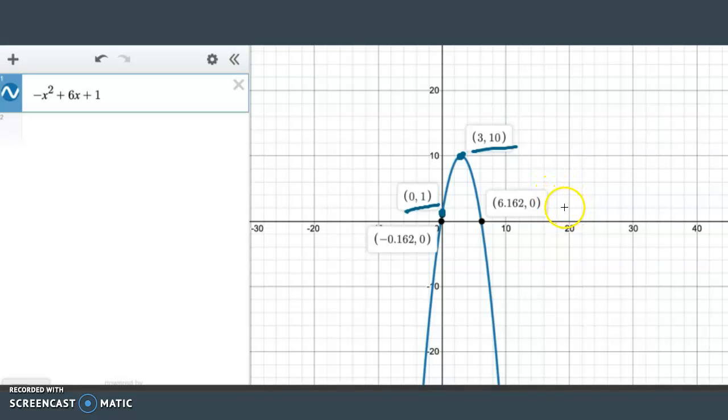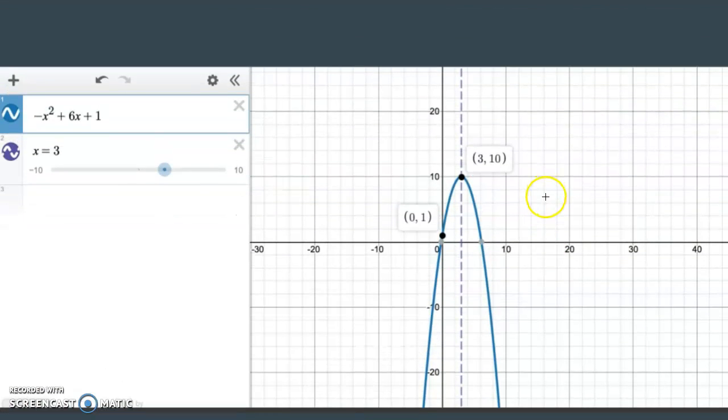Okay, so let's see what else we can talk about. We haven't really talked about the symmetry of a parabola yet, but the truth is, parabolas are symmetric. They're U-shapes. So there is an invisible line that goes straight up and down the middle of the parabola that we call the axis of symmetry.